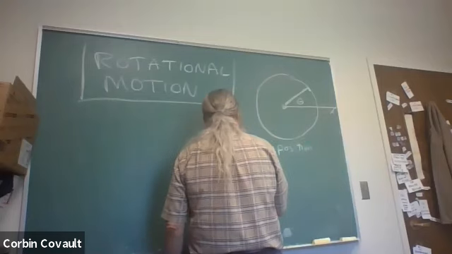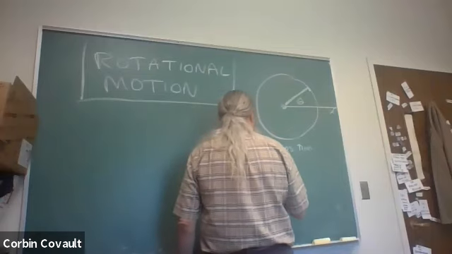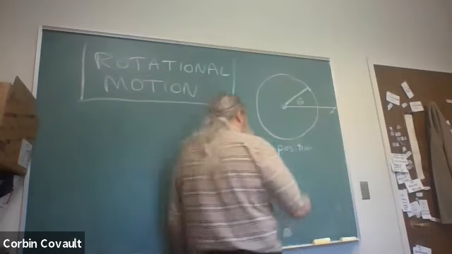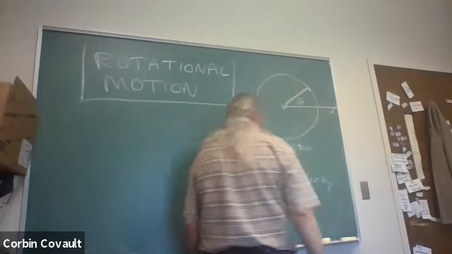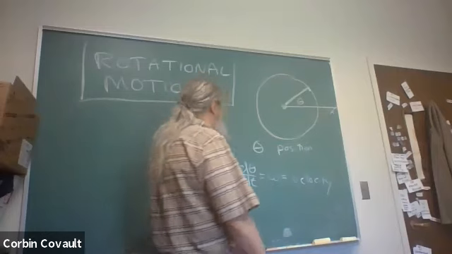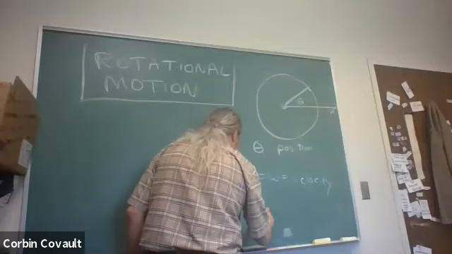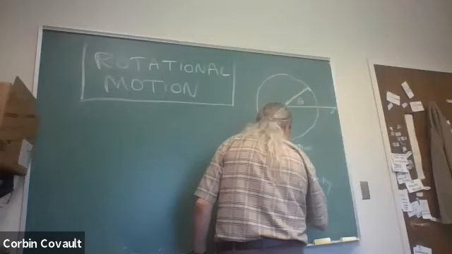Then d theta dt, which I will call omega, the same omega we had for circular motion because it's a very similar idea, is my velocity. So theta is my rotational position, and omega is my rotational velocity. If the wheel speeds up, if it accelerates, then the time derivative d omega dt, which I will label alpha, is my acceleration.